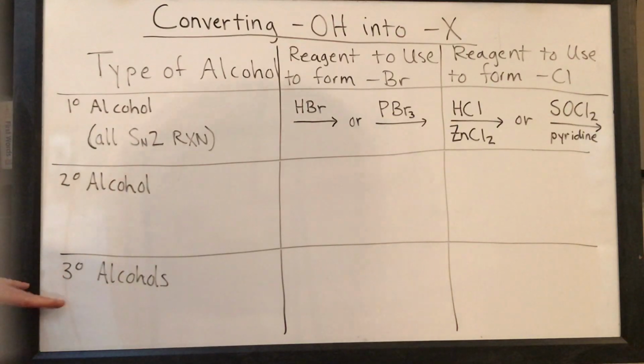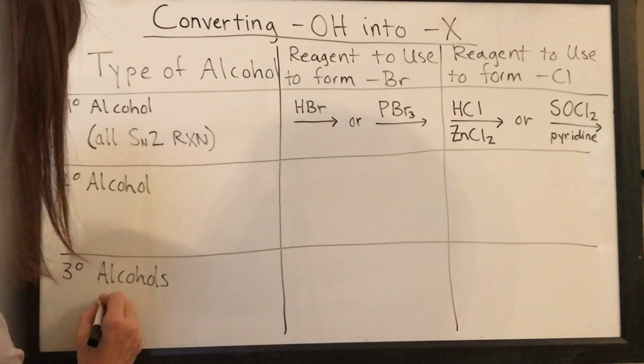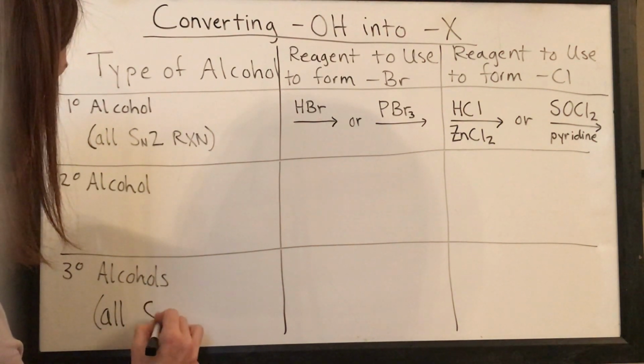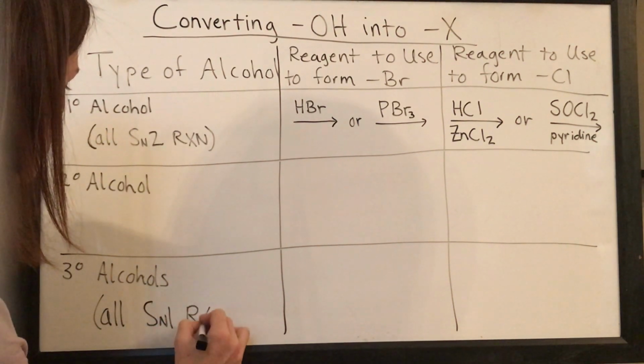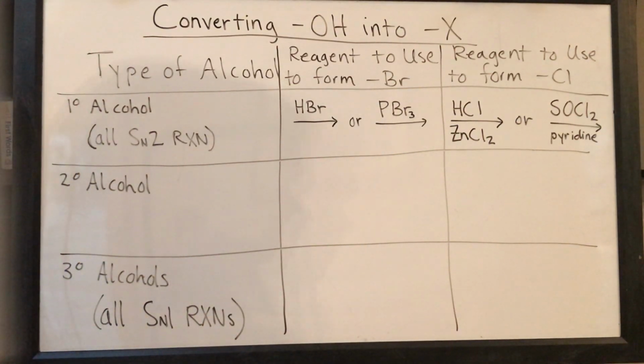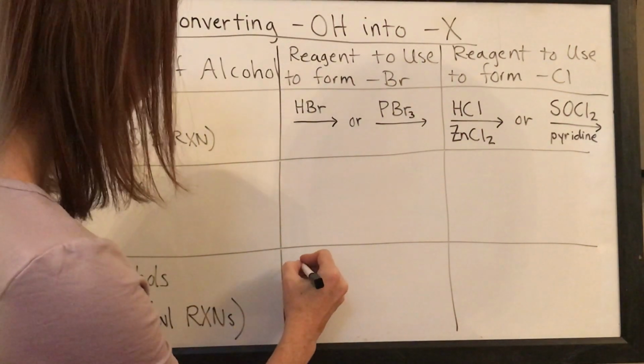I'm going to skip down to the bottom now. If you have a tertiary alcohol, you definitely cannot do an SN2 type reaction because that alcohol is sterically crowded. So instead, all of these reactions are SN1 reactions. You form a carbocation as the key intermediate, and then your bromine or your chlorine comes in and adds to that.